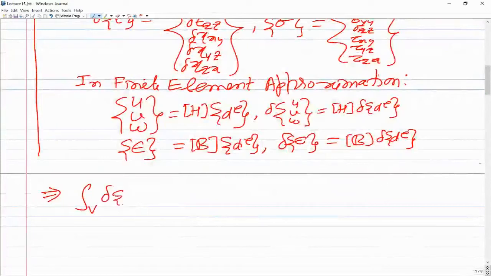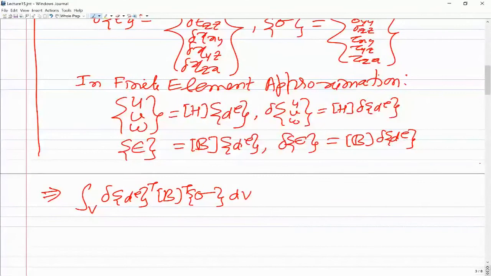So we will have delta of d transpose into B transpose into sigma dV, and this term is coming from the virtual work of internal stresses, minus the virtual work of external forces.